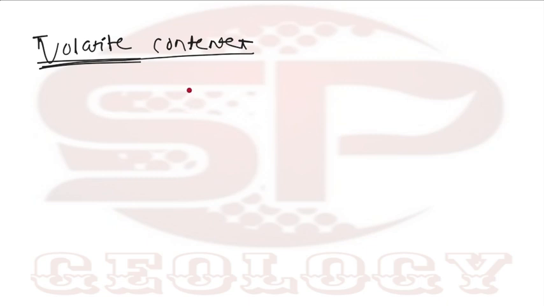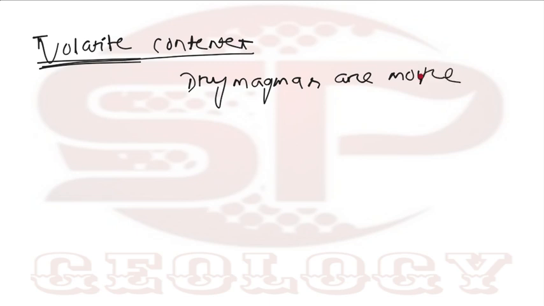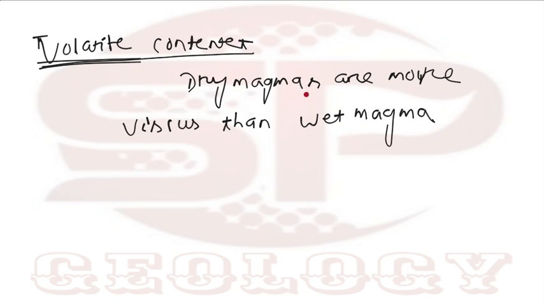The more you add volatile content to a magma, it will have less viscosity. That means dry magmas are more viscous than wet magma.